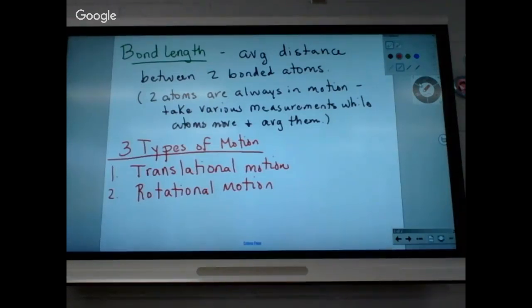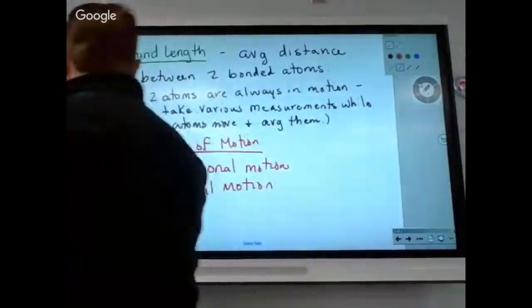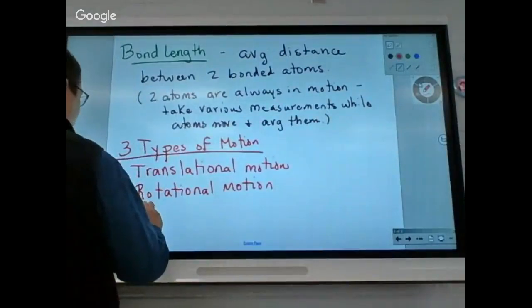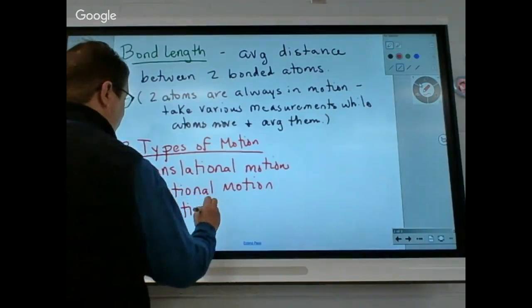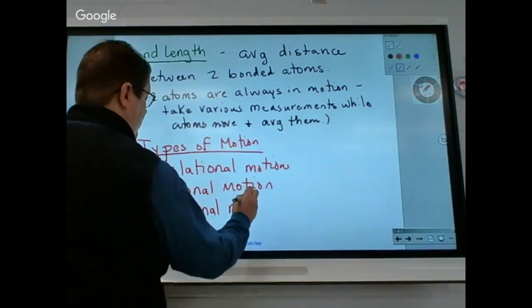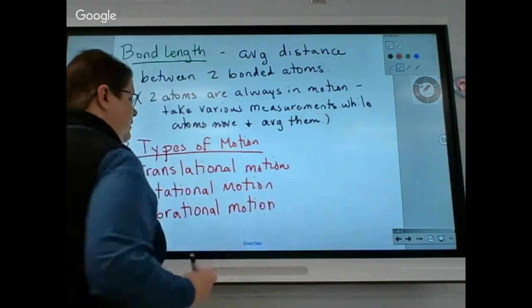No definitions. I think most of you will remember what those things mean. Now, some of you probably know people who vibrate and have vibrational motion. They shake constantly.